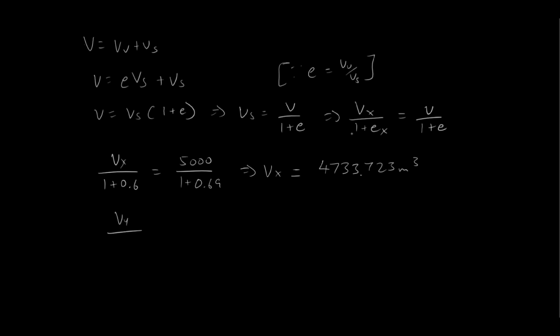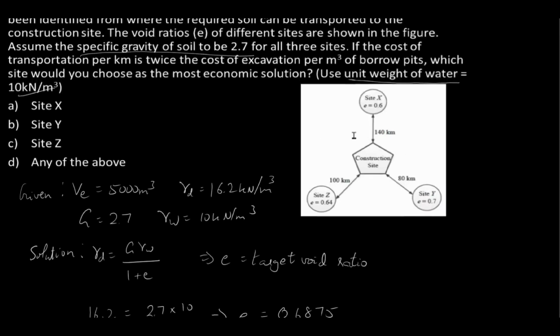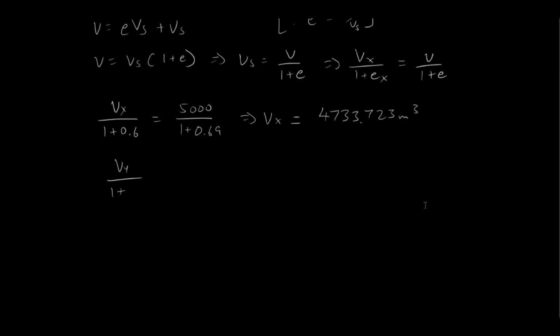Same for Vy by 1 plus ey. What is ey? ey will be equal to 0.7, which is equal to 5000 divided by 1 plus 0.69.